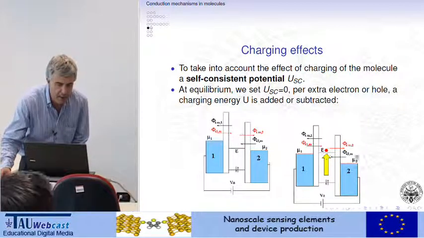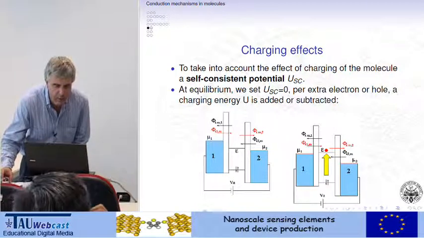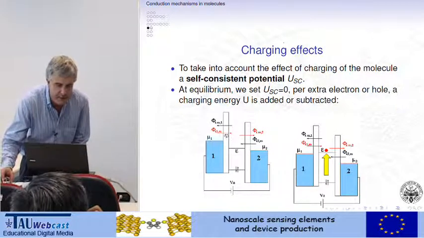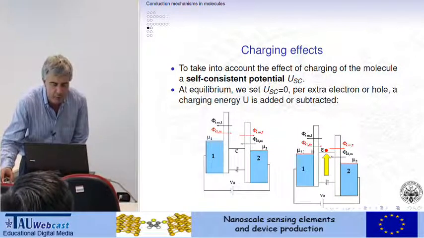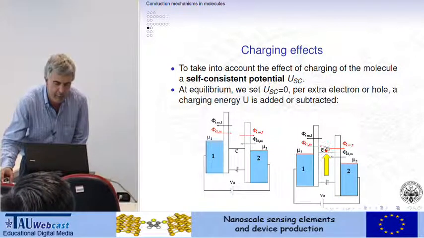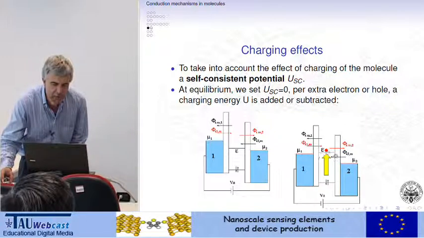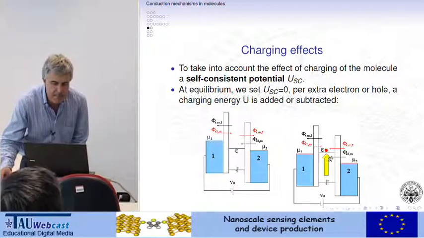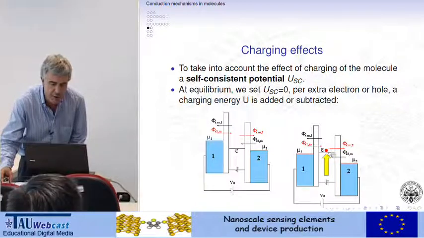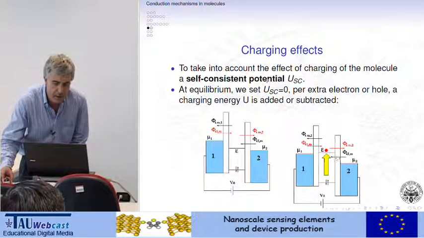So what we have to do is to consider a closed system where we consider the current. From the current we can evaluate the average number of electrons on the molecule. That number modifies the energy of the molecule, and so on.